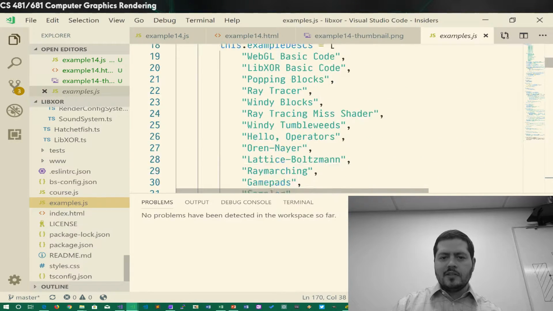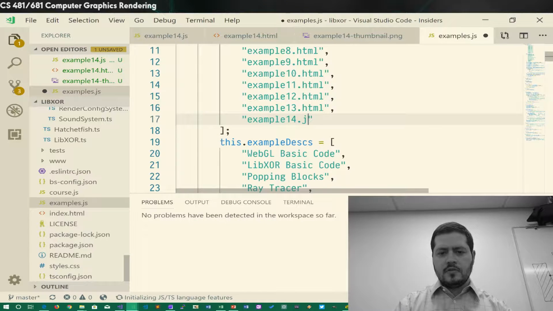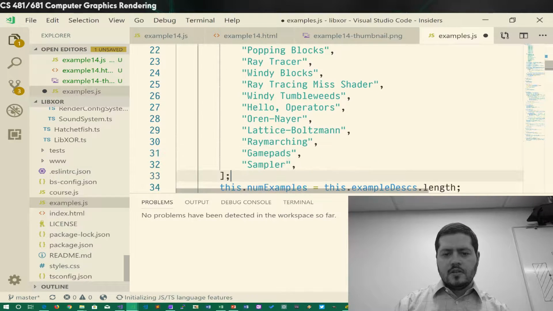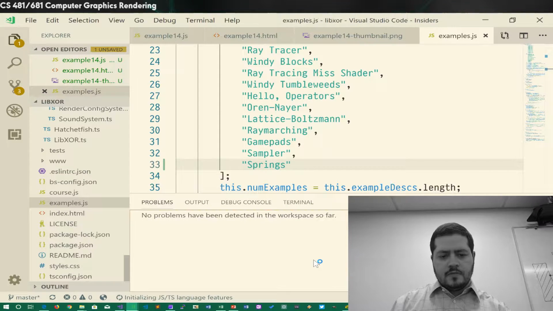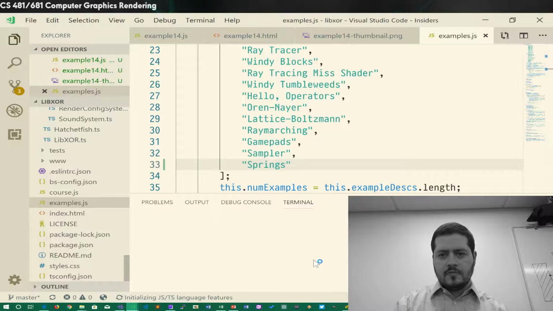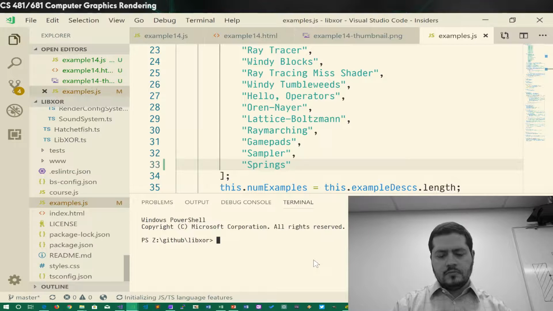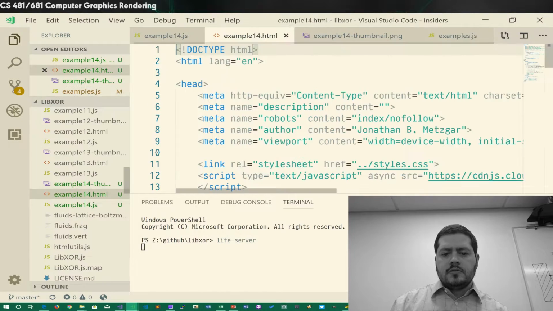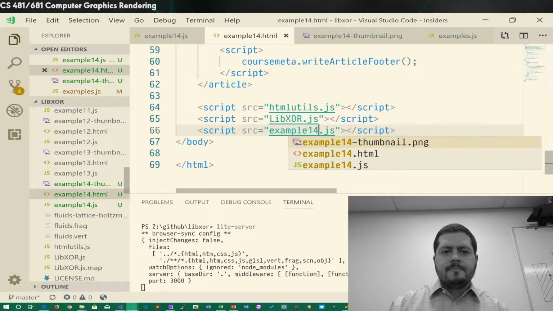Kind of get some practical experience with the library. So let's go ahead and add number 14.